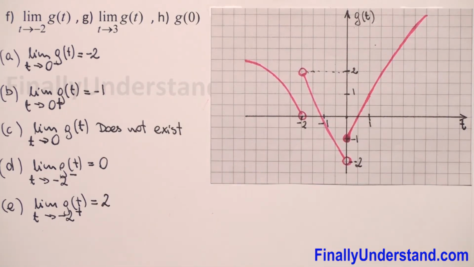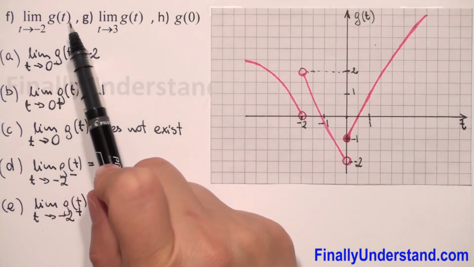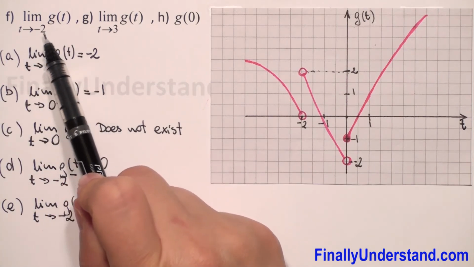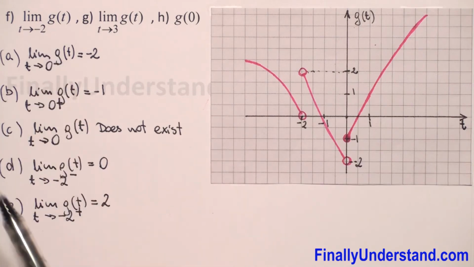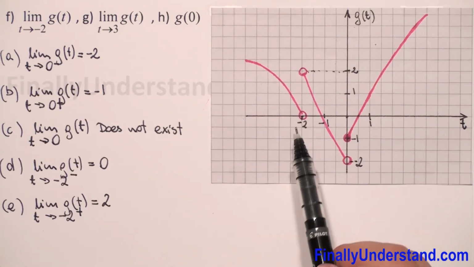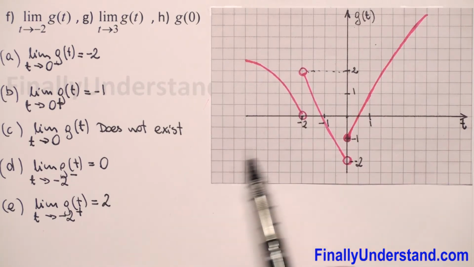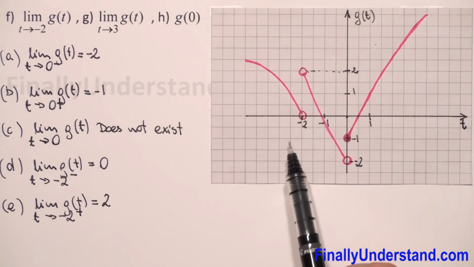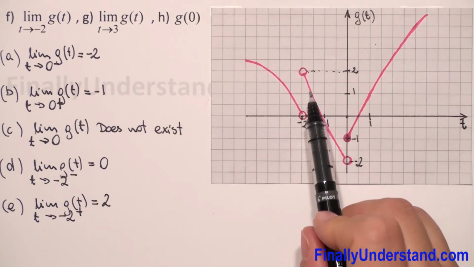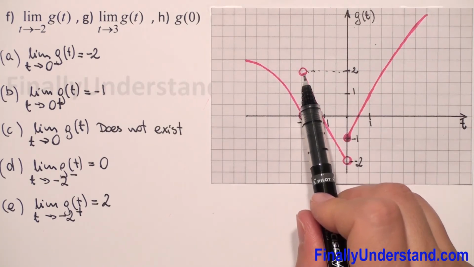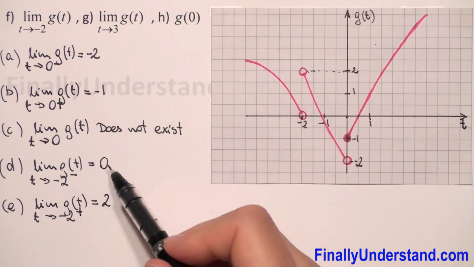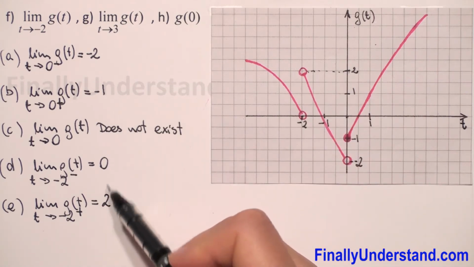Now we have to find the limit of g of t as t approaches -2. We just found that when we approach -2 from the left side, the limit is 0. And when we approach negative 2 from the right side, the limit is 2. These two limits are different.